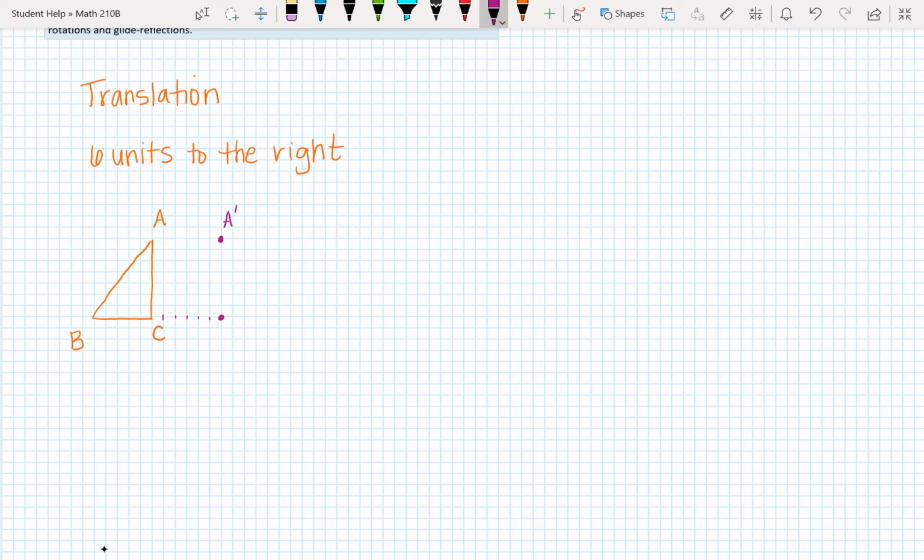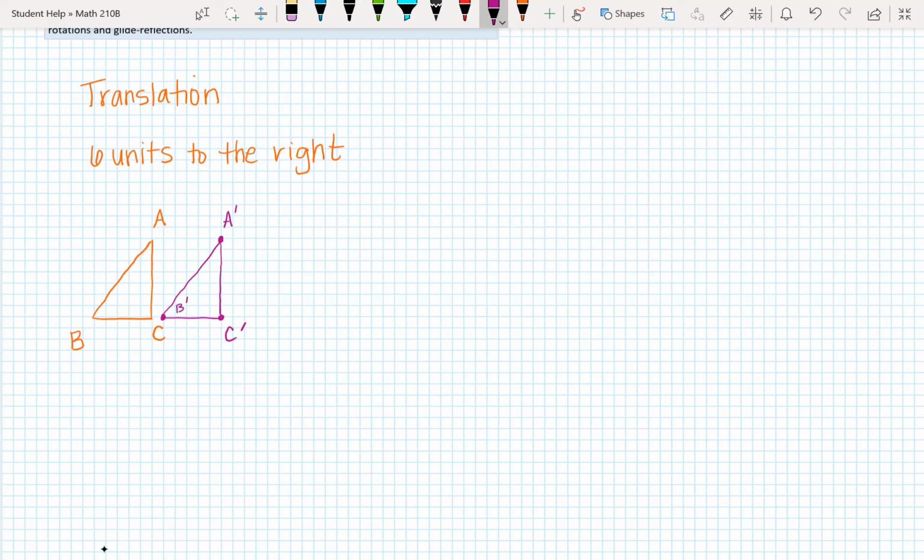The new point C, or C prime, is going to be here. And then for B, we're counting off 1, 2, 3, 4, 5, 6. It looks like point B is going to be here. We'll call that B prime. Let me draw my new triangle. And B prime is there.